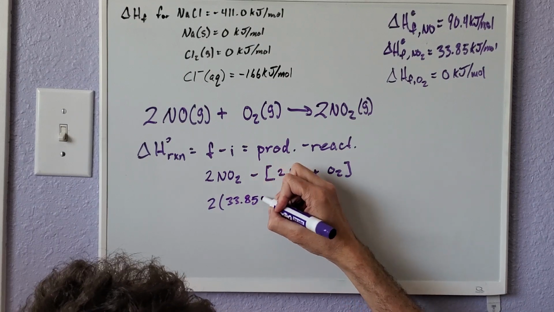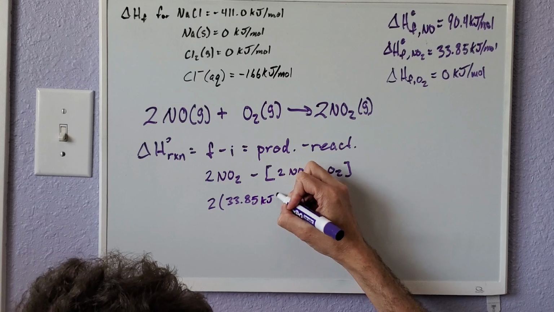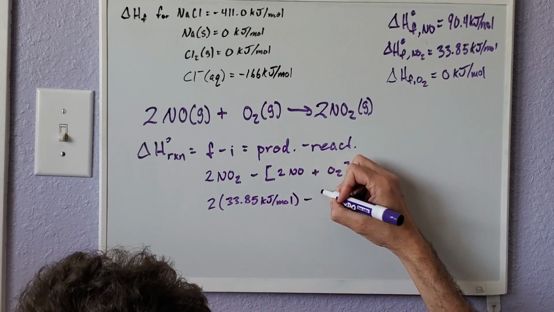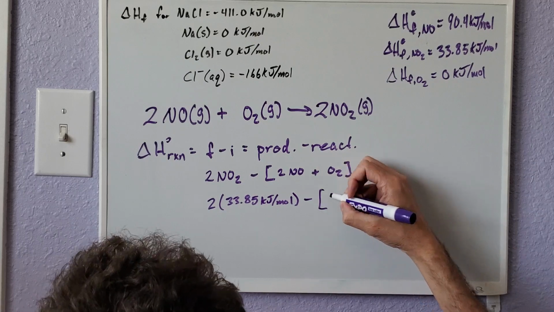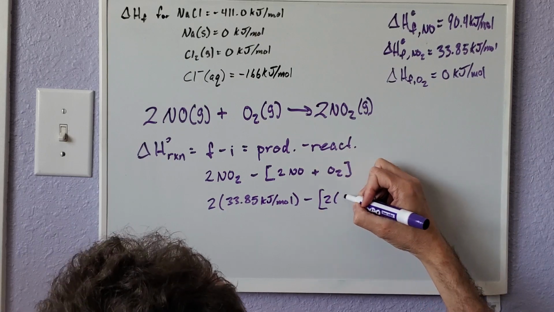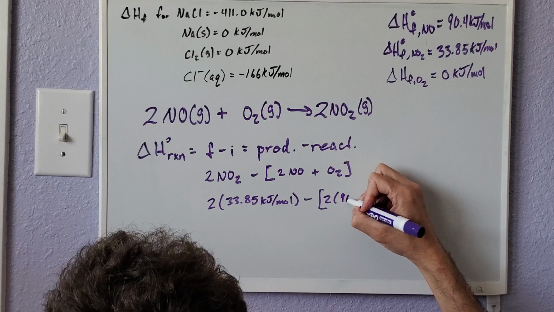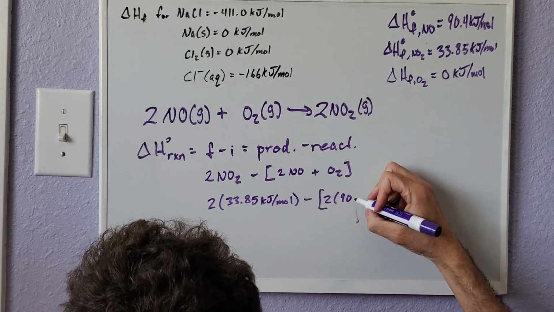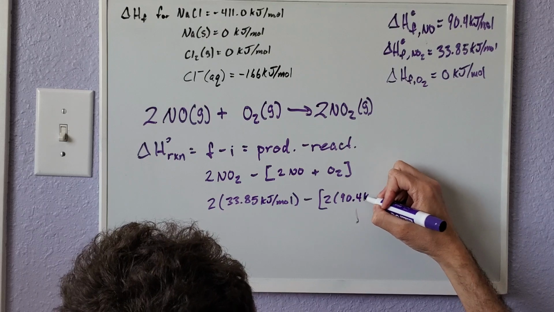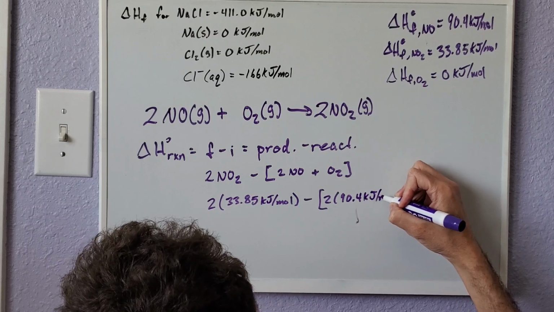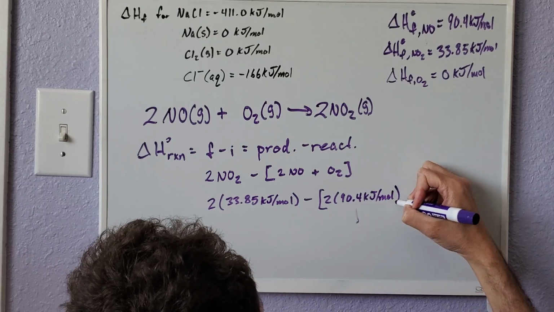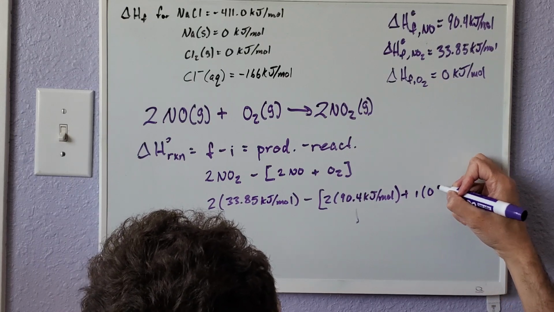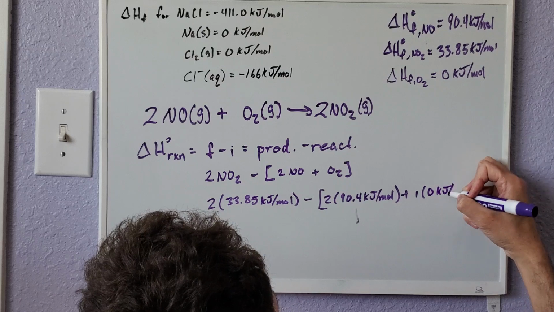And so we have 2 of our NO2s, which are going to have 33.85 kilojoules per mole. We're going to subtract from it our 2 NOs, which are going to be 90.4 kilojoules per mole, plus our 1 mole of oxygen at 0 kilojoules per mole.